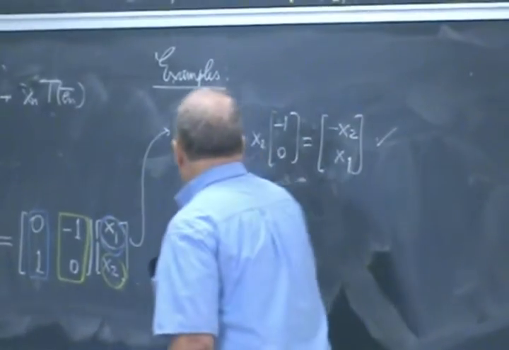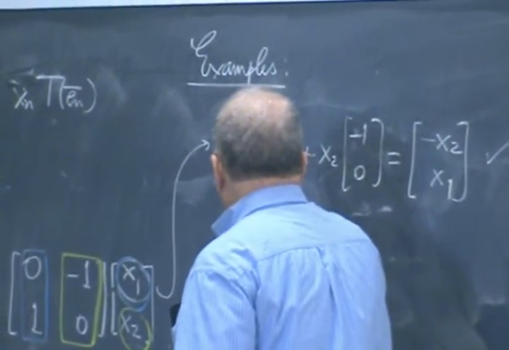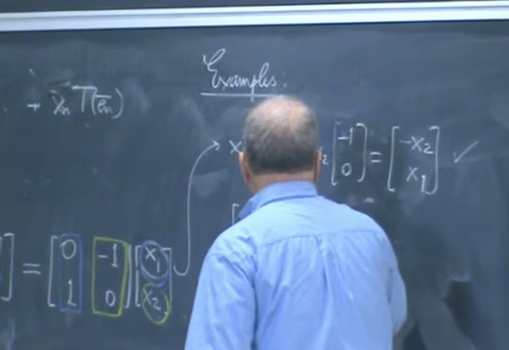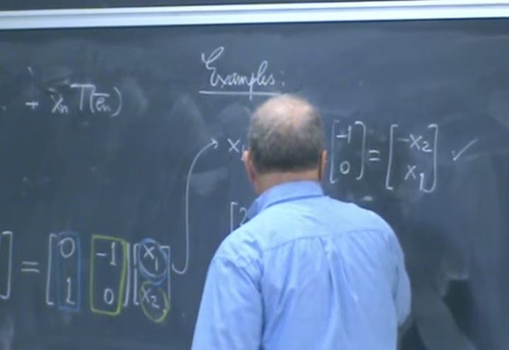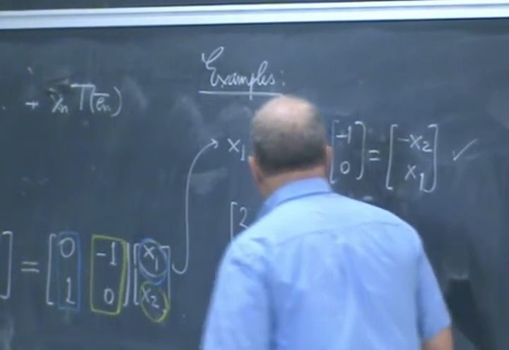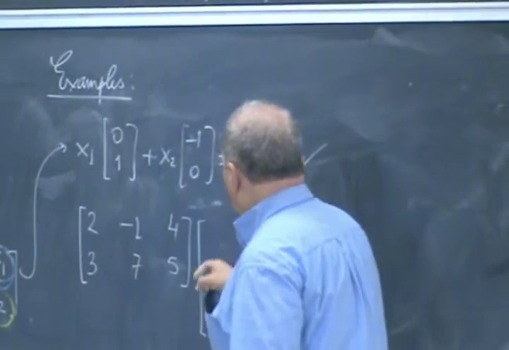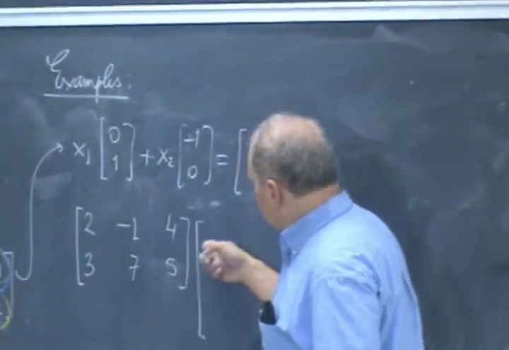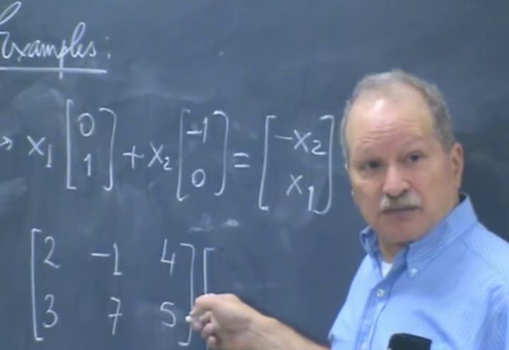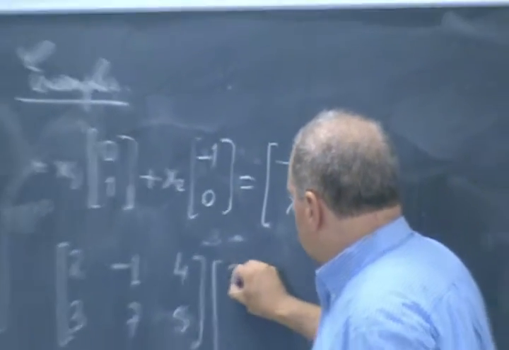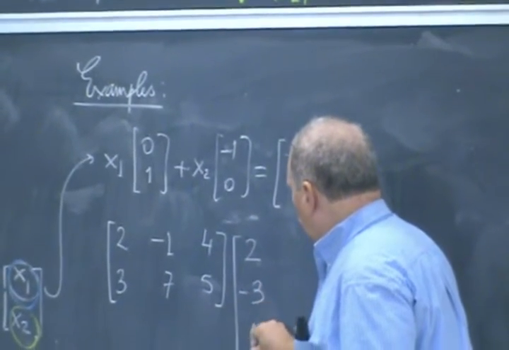Okay, let's do another example. Let's take 2, 3, -1, 7, 4, 5, and let's multiply it by the vector. How many things do I need here? I need as many as I have columns. So let's take 2, -3, 1.